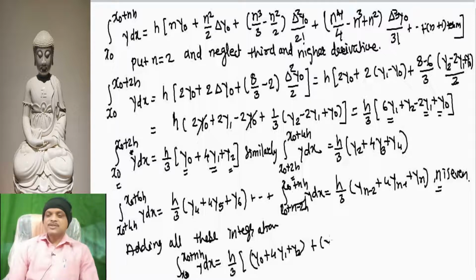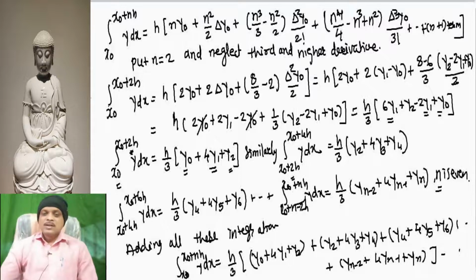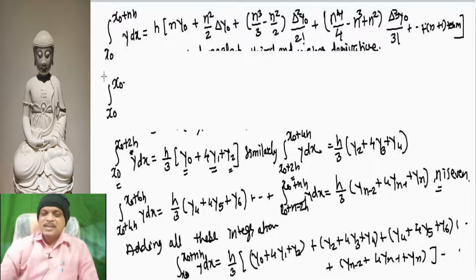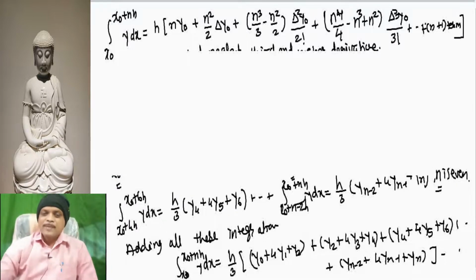The second term is y2 plus 4y3 plus y4, the third term is y4 plus 4y5 plus y6, up to y(n minus 2) plus 4y(n minus 1) plus yn. See the similarities: which terms appear a single time? What is the relation between the single terms? You will get the idea of the formula.